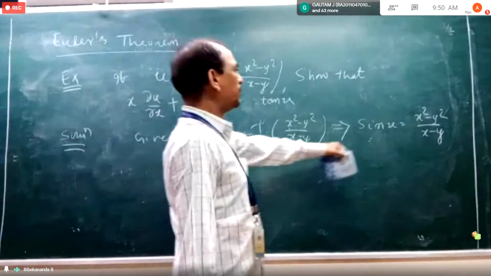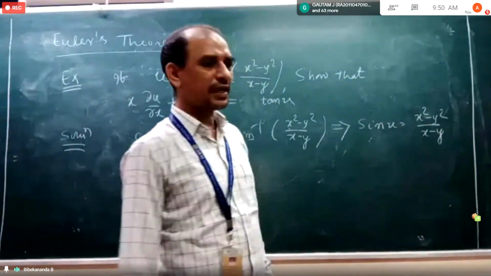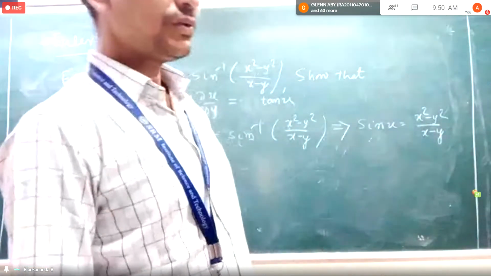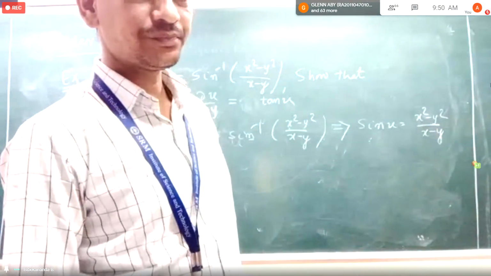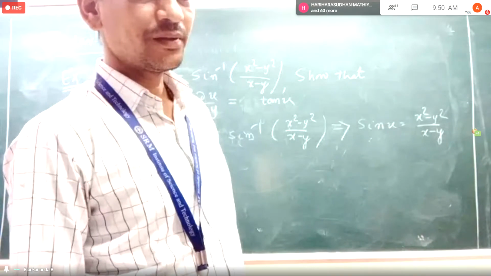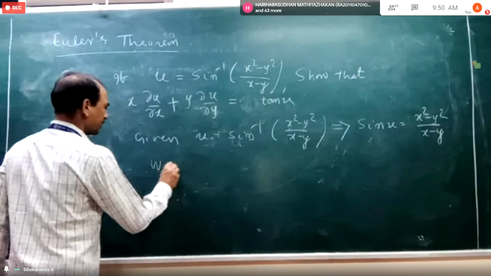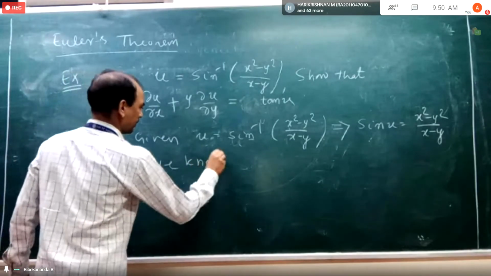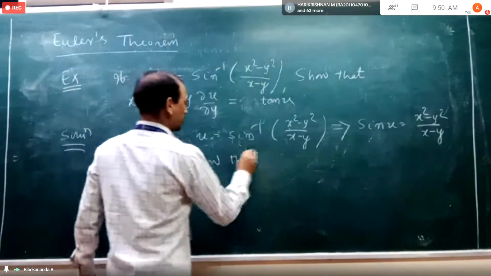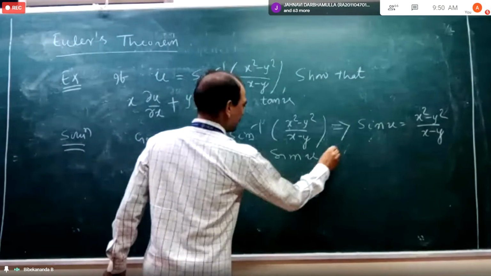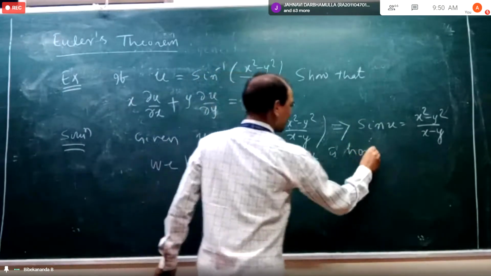So sin u equal to x square minus y square by x minus y. What do we know? Whether it is homogeneous or not? It is homogeneous. So we know that sin u is homogeneous.